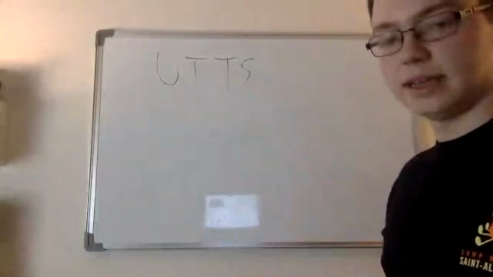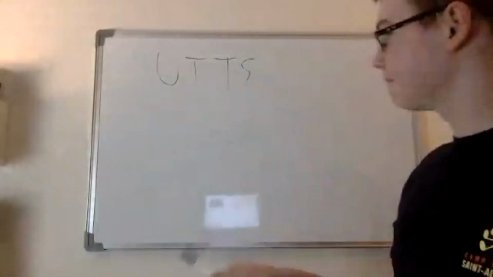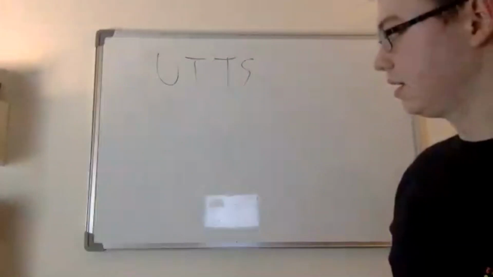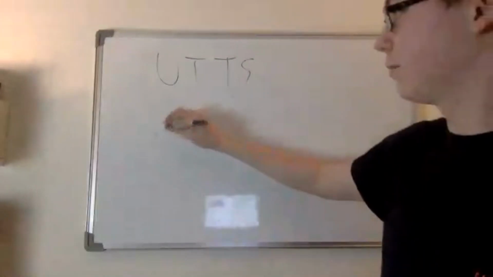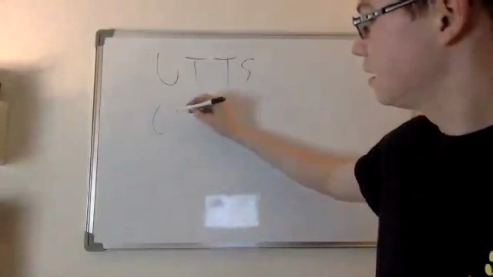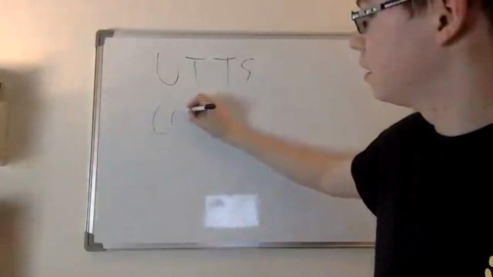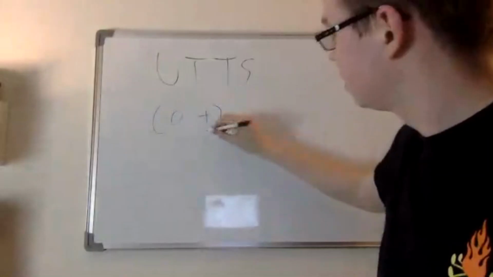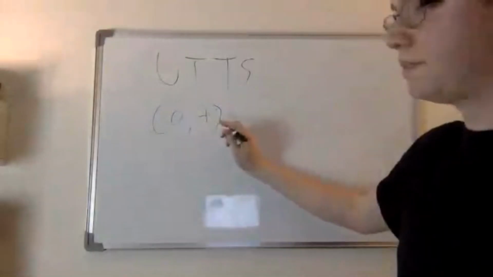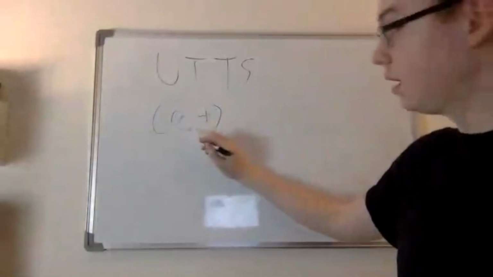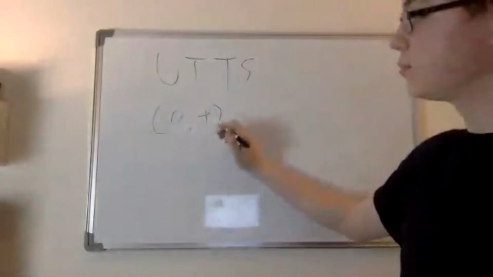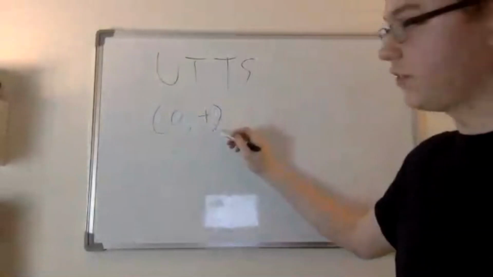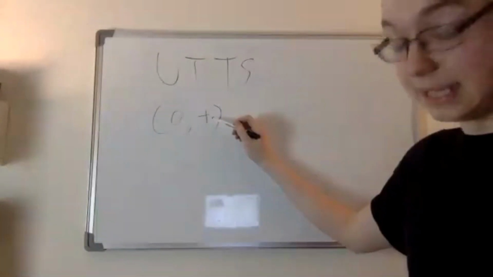So, to explain how these work, first I'm going to slightly change the notation that I've been using. To represent a triad now, I'm going to use a pair of things: a number and a plus or minus sign. The number is the root, and the plus or minus sign is whether it's major or minor. A plus sign means major, a minus sign means minor.